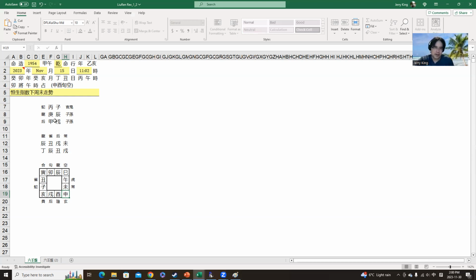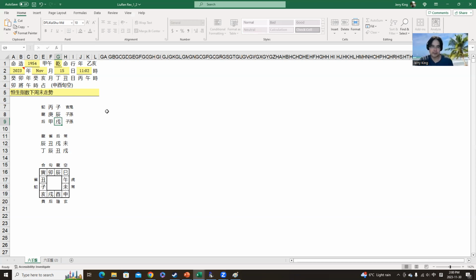In Daliu Ren, we also care about the three transmissions here. These are not voided. When they are voided, it does create a problematic result or problematic ending to whatever we're trying to divine. So I don't want to go on further about this.